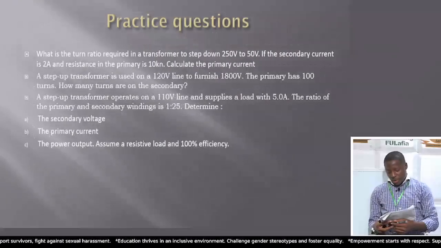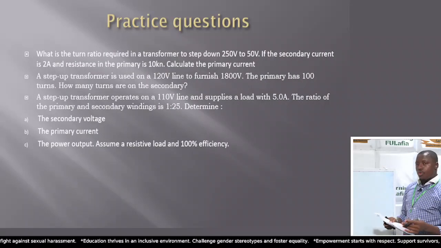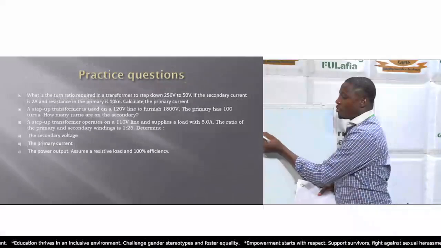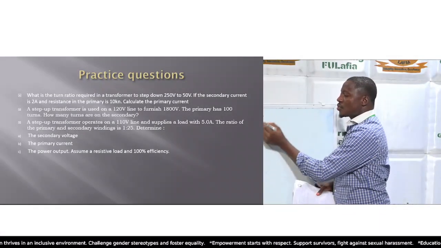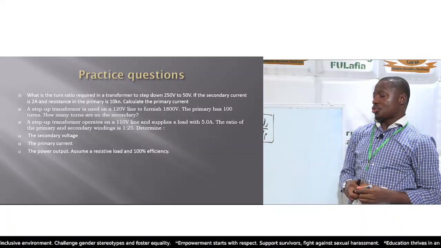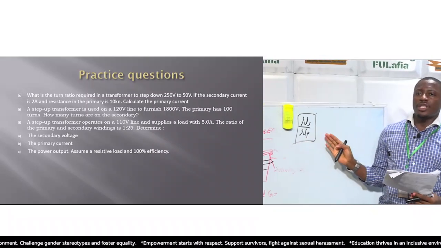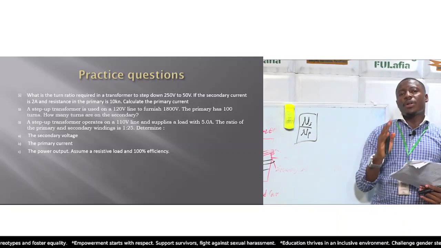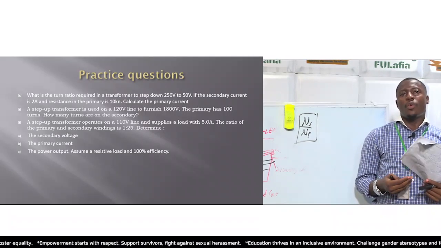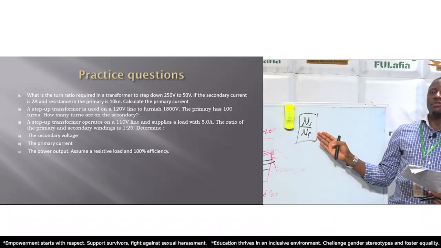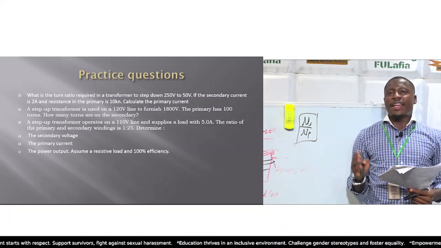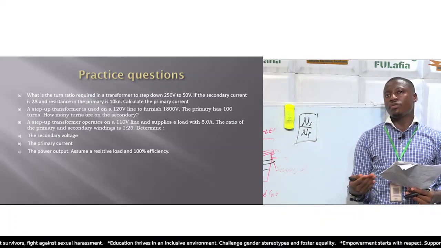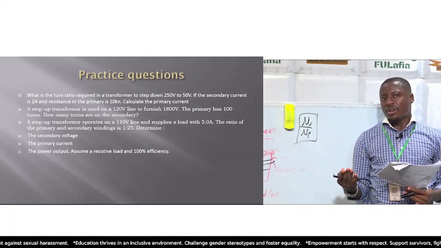One thing I want you to know is that turn ratio is NS over NP, the number of turns in the secondary over the number of turns in the primary. What is the turn ratio, NS over NP, required to step down 250 volts to 50 volts if the secondary current is 2 amps?